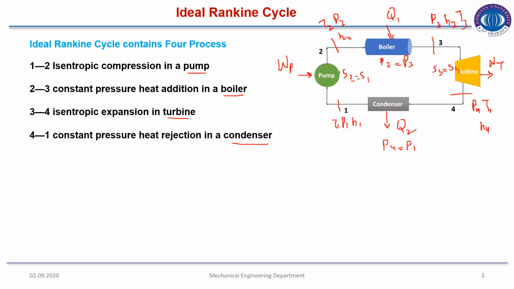Process 2 to 3 and process 4 to 1 are isobaric processes, therefore the pressure will remain the same. And this is the main steady flow energy equation: heat in plus enthalpy at the inlet plus work input is equal to heat out plus enthalpy at the output plus work extracted from the process.